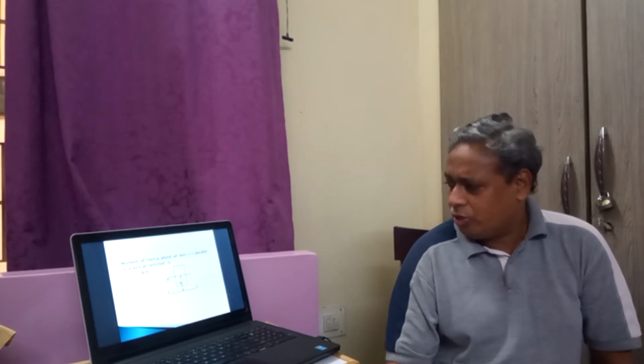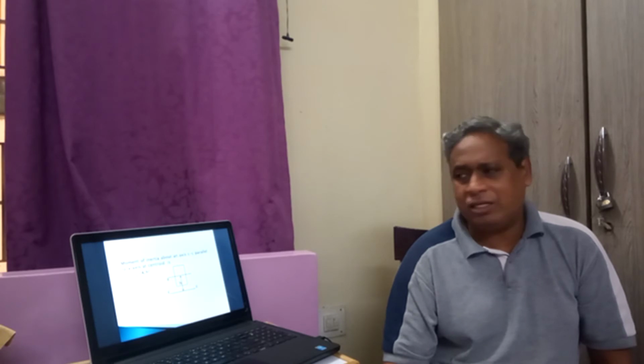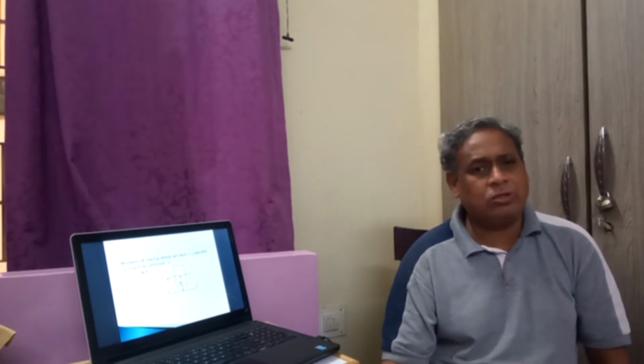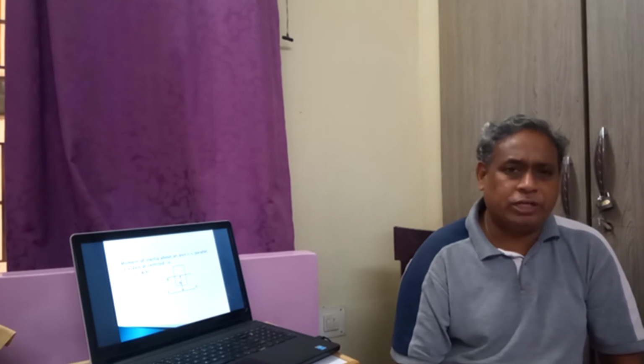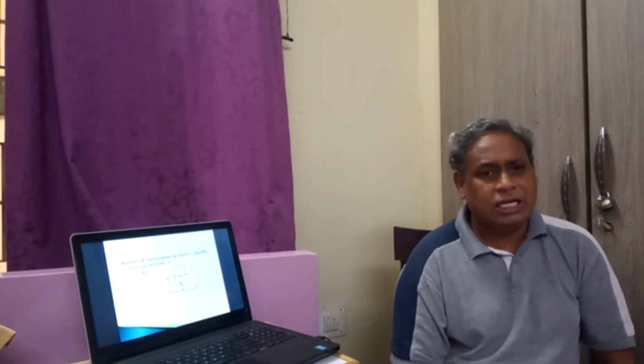It is also AD square, and now the new moment of inertia is Ah square. So Ah square is also a moment of inertia, IXX is also a moment of inertia. Therefore we can add these two moments of inertia to get a new moment of inertia at some other distance.